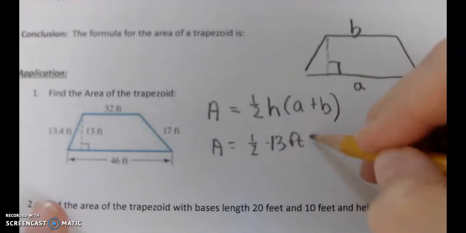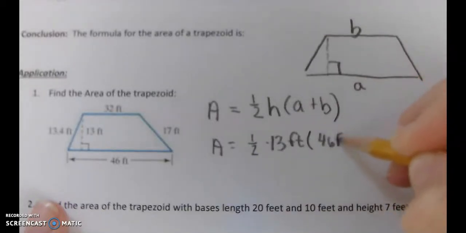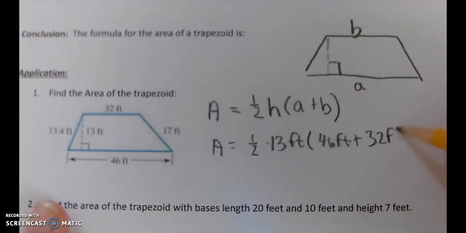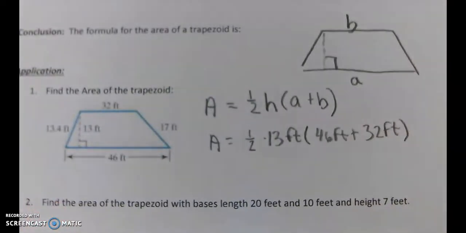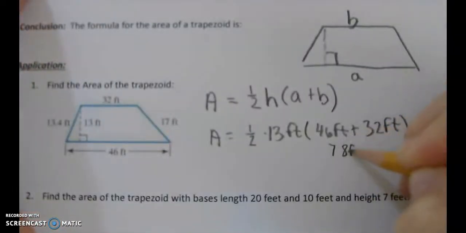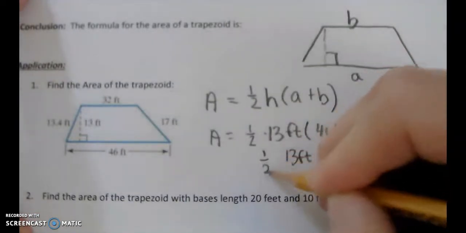Okay, and then I'm going to have times A, which is 46 feet, plus 32 feet for B. Okay, so first I would figure out 46 feet plus 32 feet is 78 feet. Parentheses first, times 13 feet, and then times 1/2.